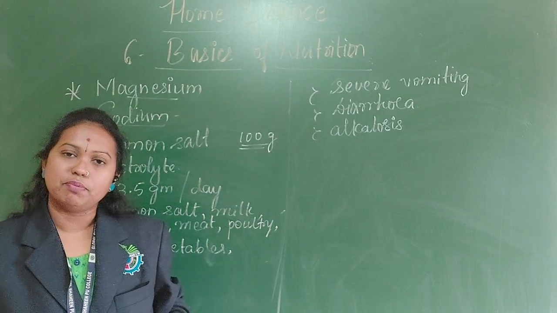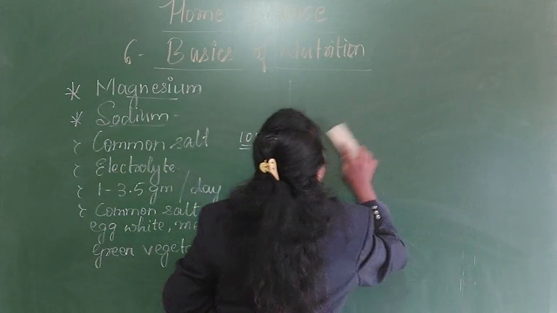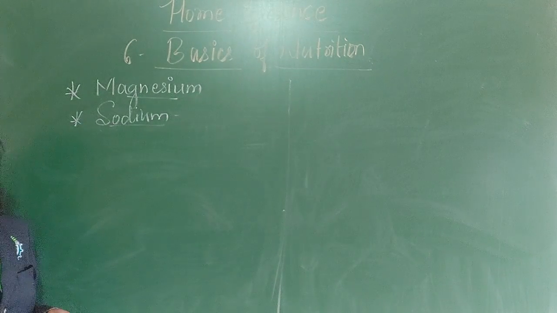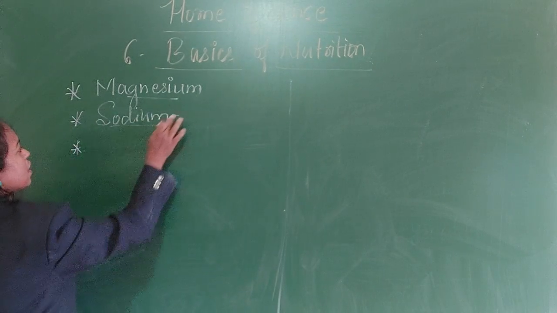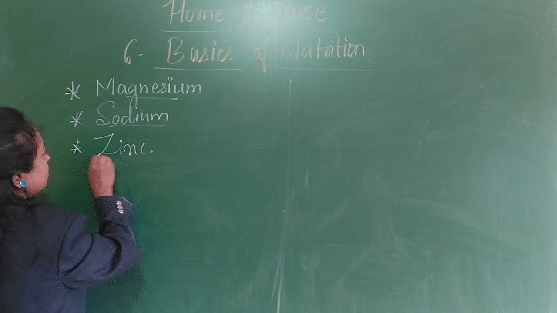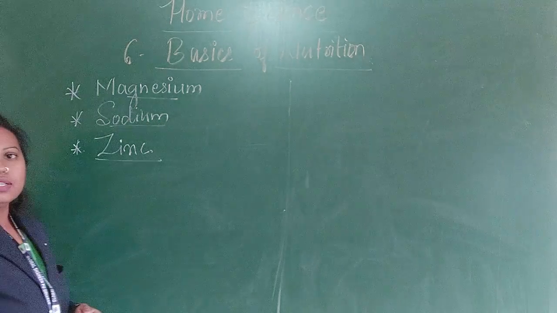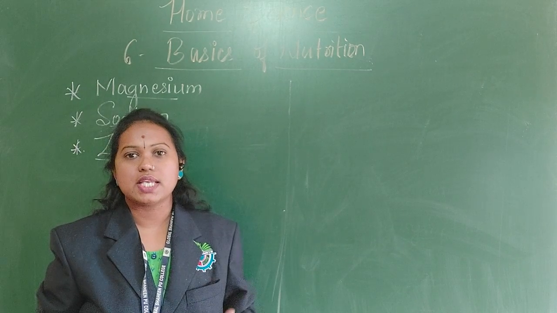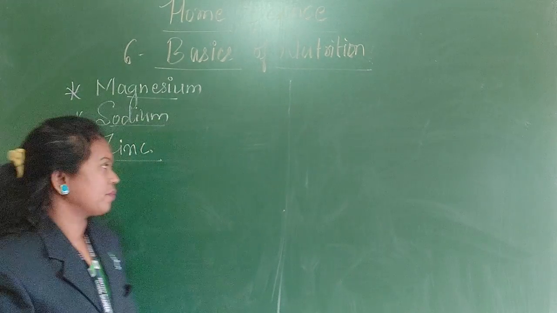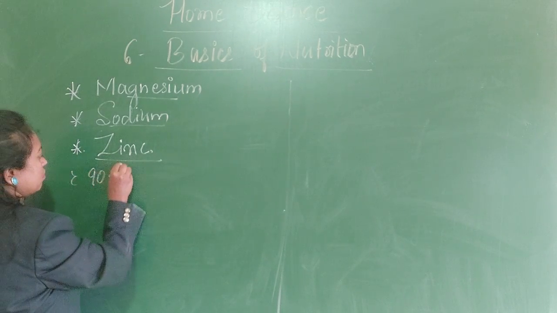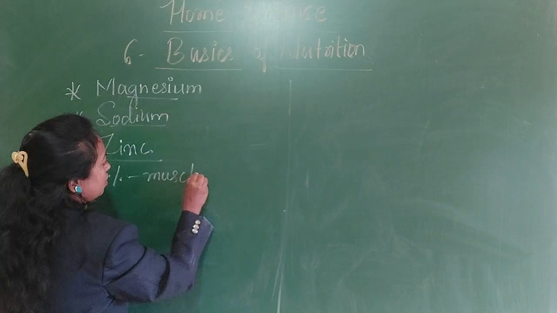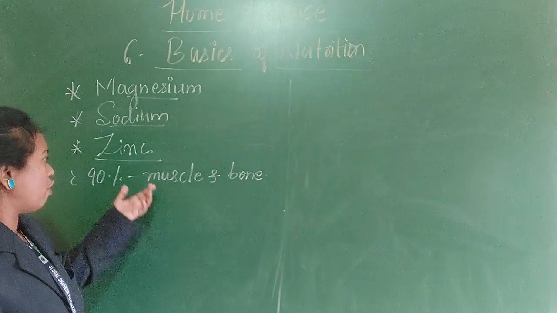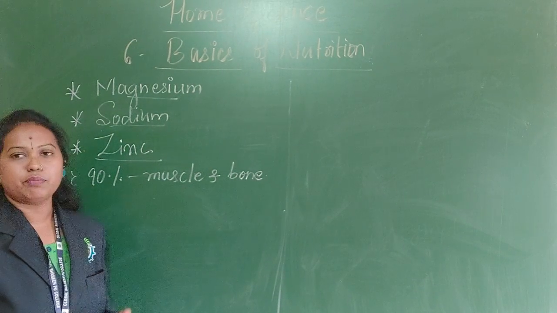Next important mineral is zinc. About 90% of the body's zinc is in the muscle and bone.